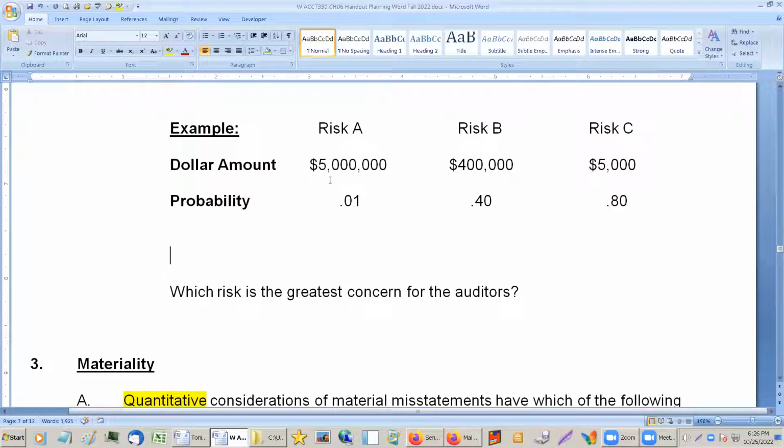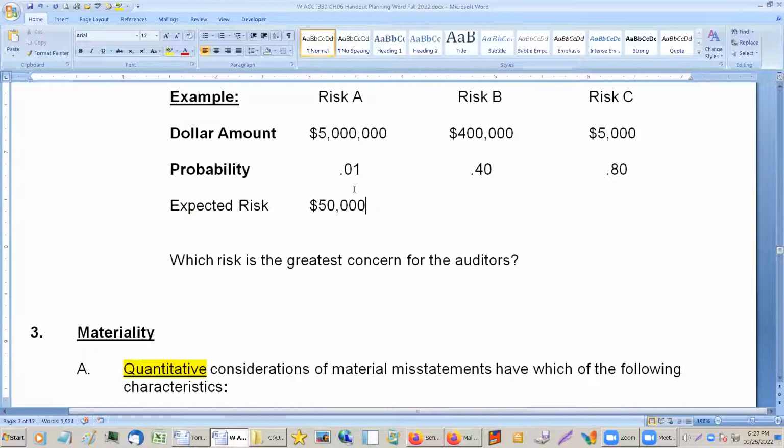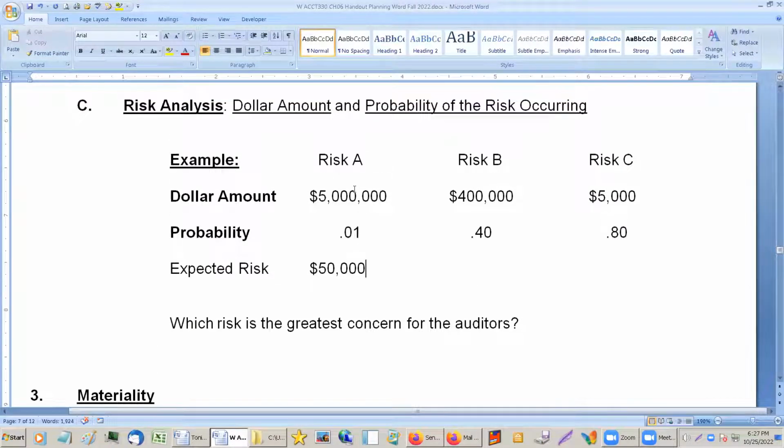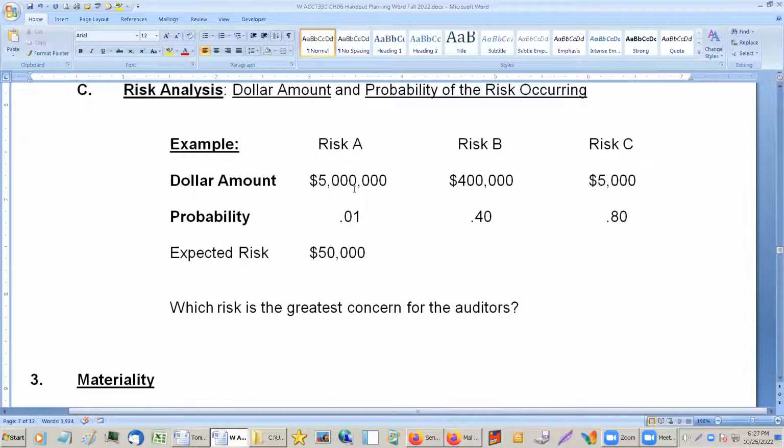And so the expected risk, 1% of 5 million is 50,000, I think. You may want to check my math on that.